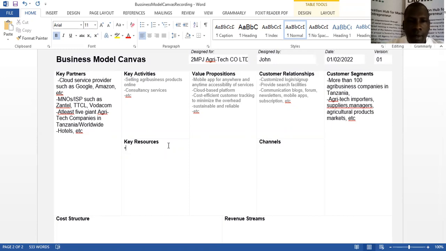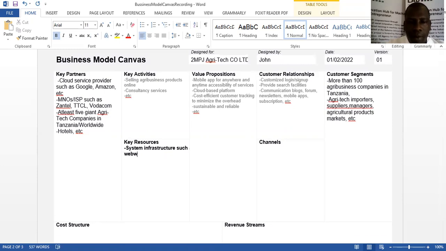So maybe the key resources first will mostly focus on the system infrastructure, such as web servers.